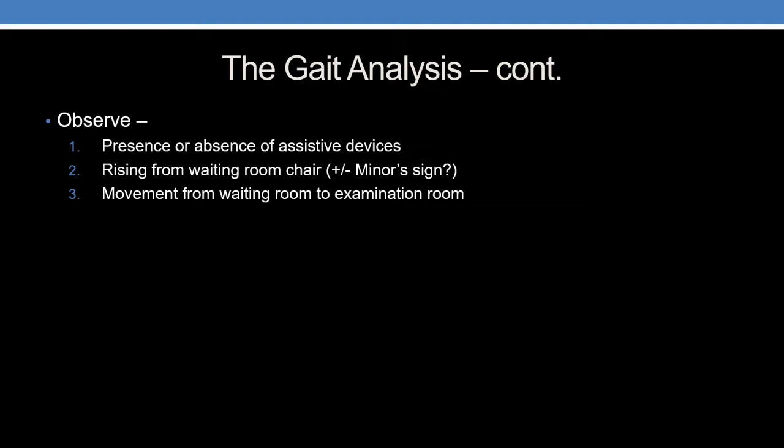Another thing that you want to observe is how the examinee rises from the waiting room chair. Is there a positive minor sign when rising from the waiting room chair? Recall that a positive minor sign is the need to use the hands to either push off the chair or to push off the thighs in order to generate the initial power and momentum to get up and out of that chair.